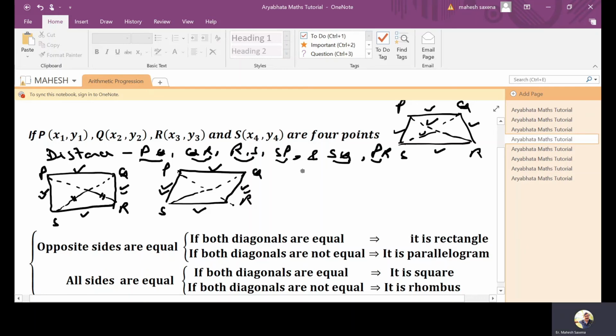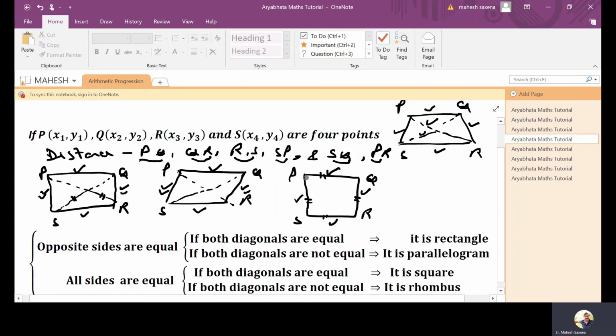Now we come to the third case. Suppose PQRS is a quadrilateral whose all sides are equal. This side is equal to this side, equal to this side, and equal to this side.